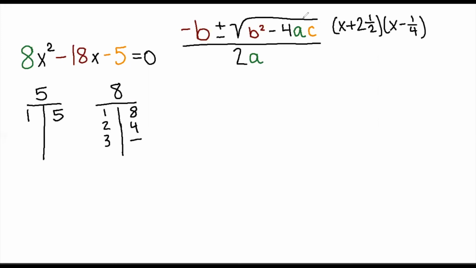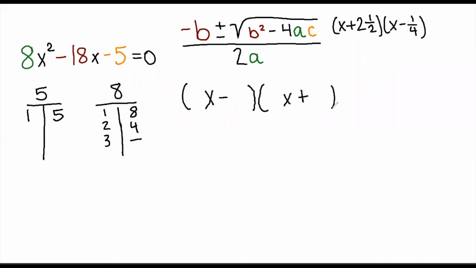Well, what I have to remember is how I'm going to write out this equation so I can solve it by FOILing. Because we know that there's an 8 in our A spot instead of a 1, there's going to have to be a number in front of our x. So we have that minus one of our numbers, and then we're going to have it plus one of our numbers.